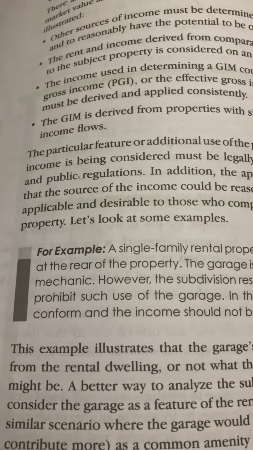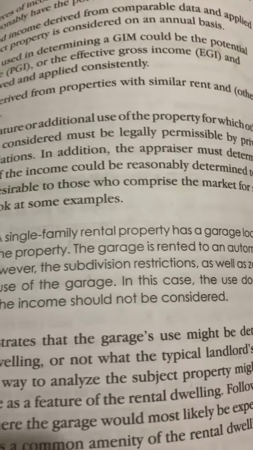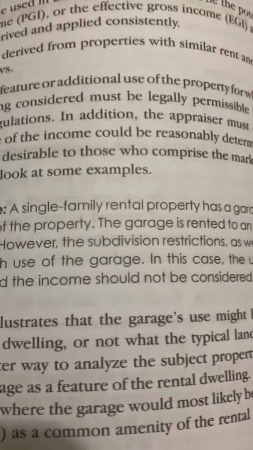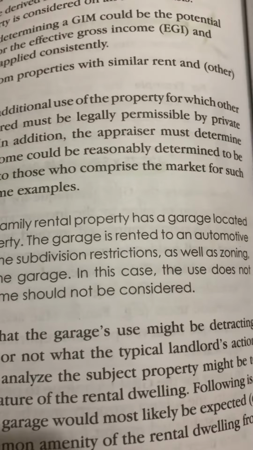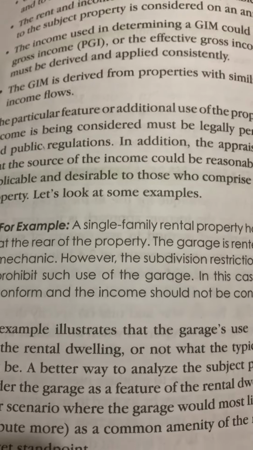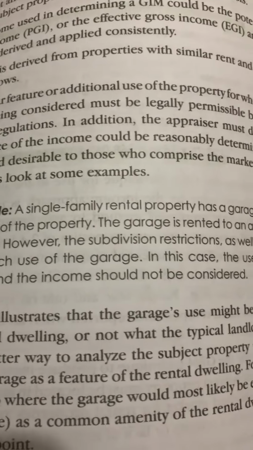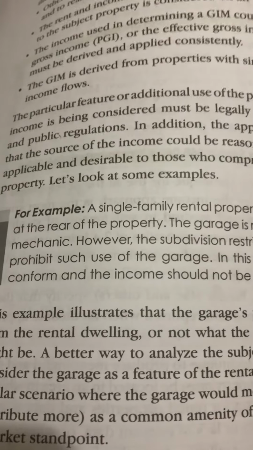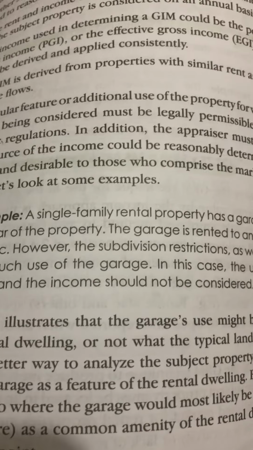For example, a single-family rental property has a garage located at the rear of the property. The garage is rented to an automotive mechanic. However, the subdivision restrictions as well as zoning prohibit such use of the garage.